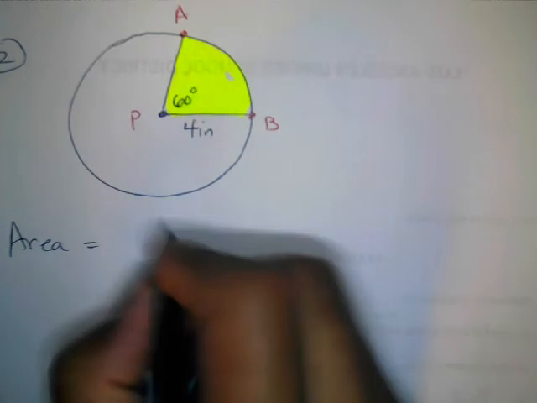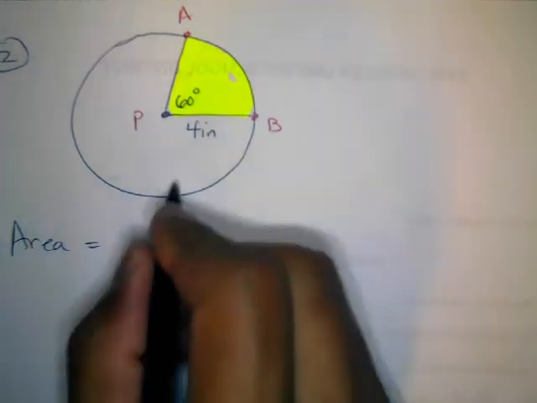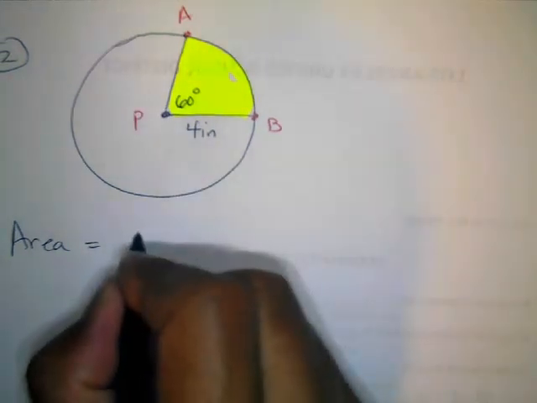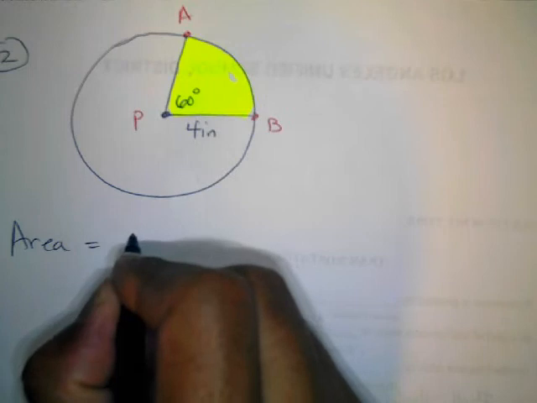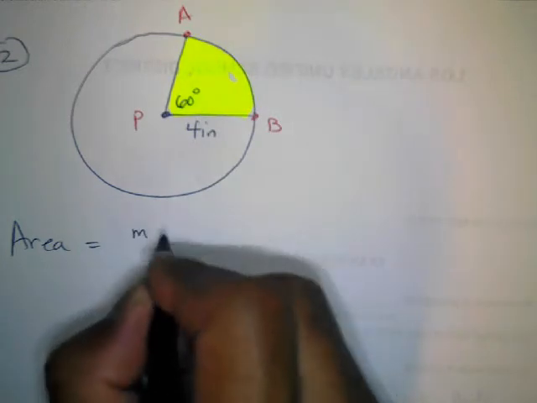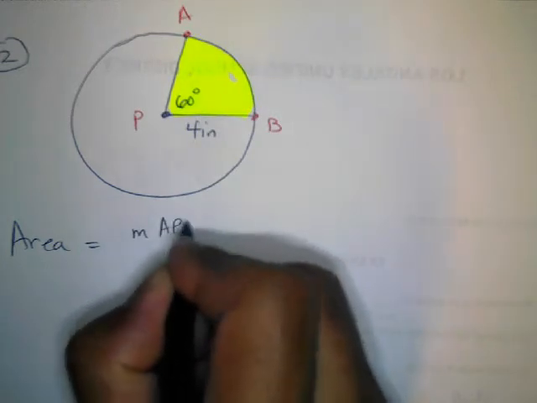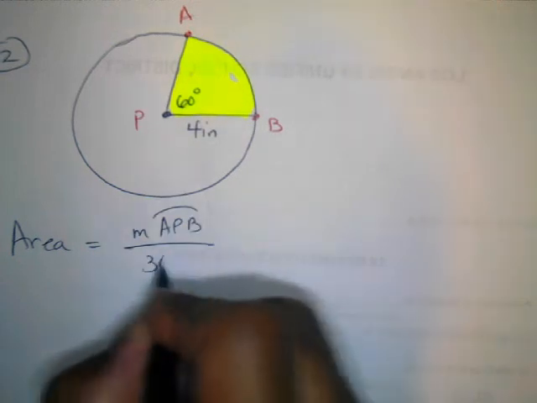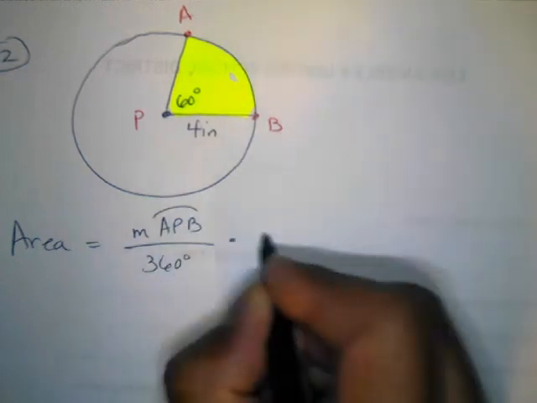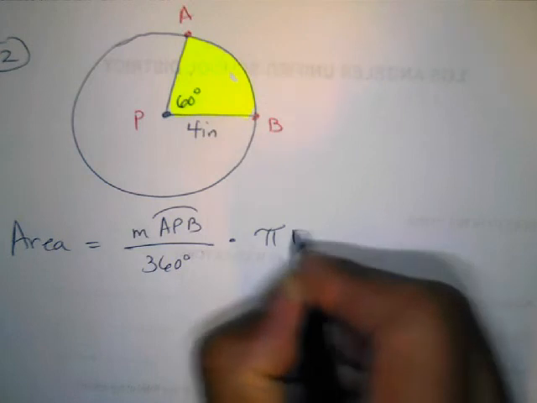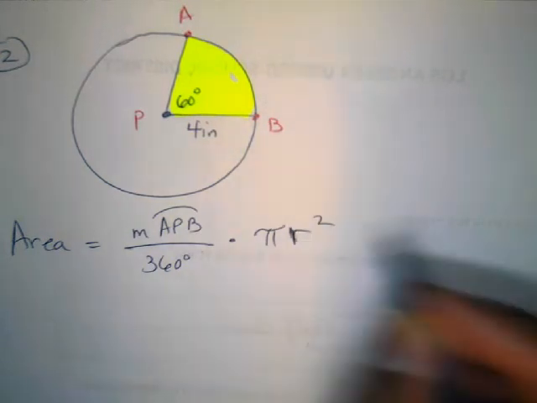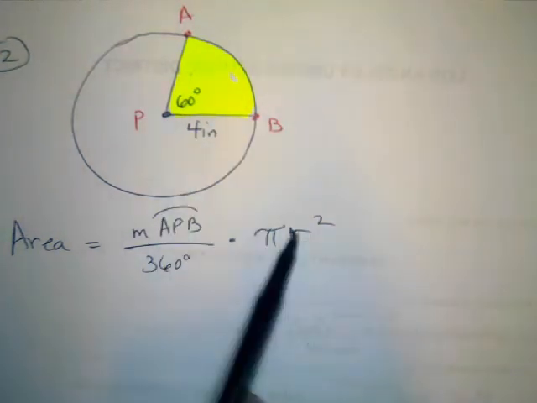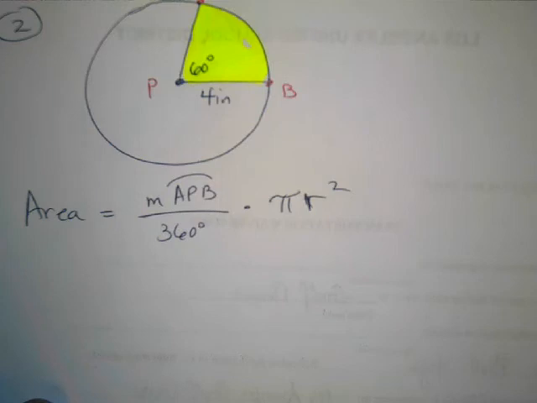Okay, so what is that formula? Well, area is equal to the measure of the arc, APB, but just the angle, divided by 360 times pi r squared.